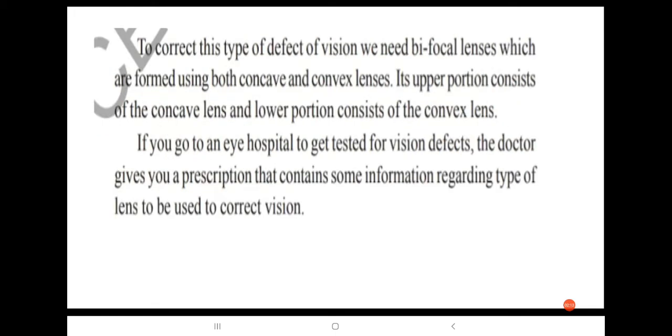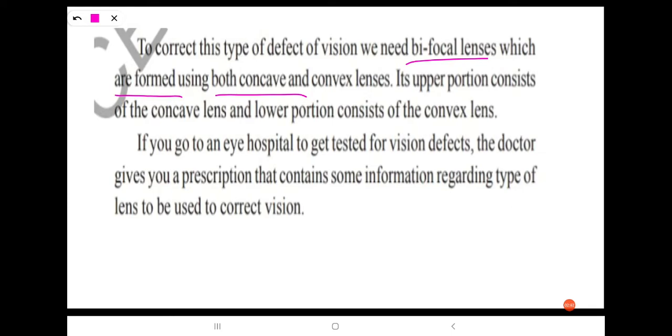To correct this type of defect of vision, we need bifocal lenses, which are formed using both concave and convex lenses. We know that to correct myopia we use a biconcave lens, and to correct hypermetropia we use a biconvex lens.